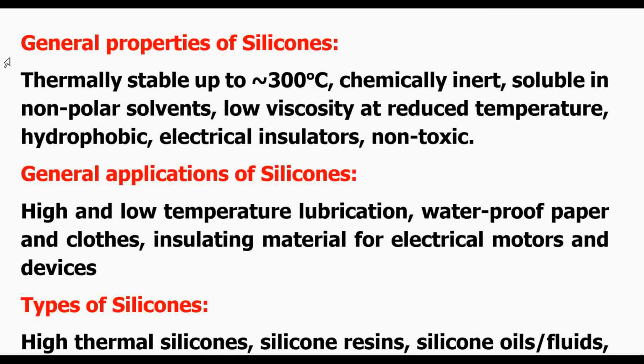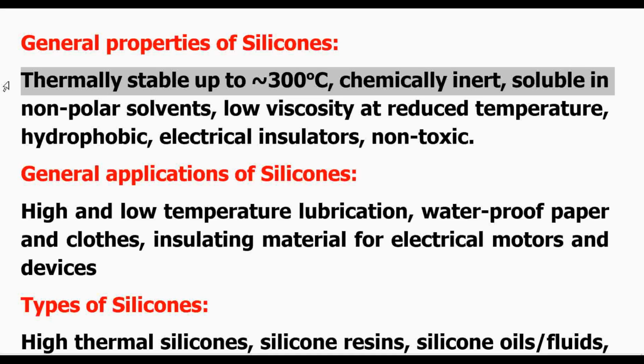Now, silicones are very important in industries. They have become very important because of their interesting physical and chemical properties. You will be surprised to know that these silicones are stable up to 300 degrees Celsius.